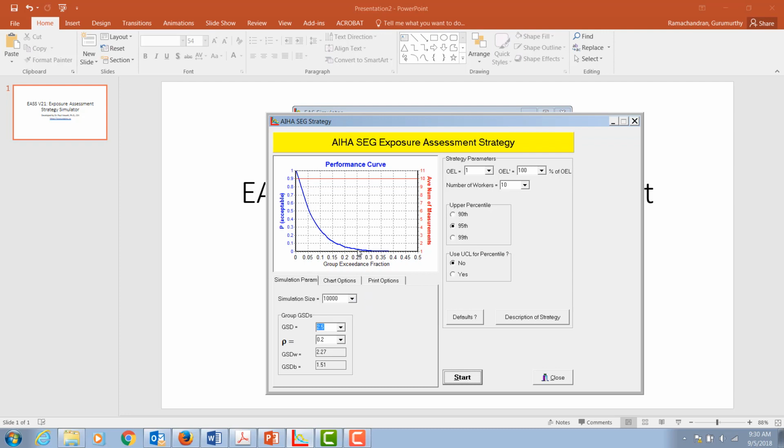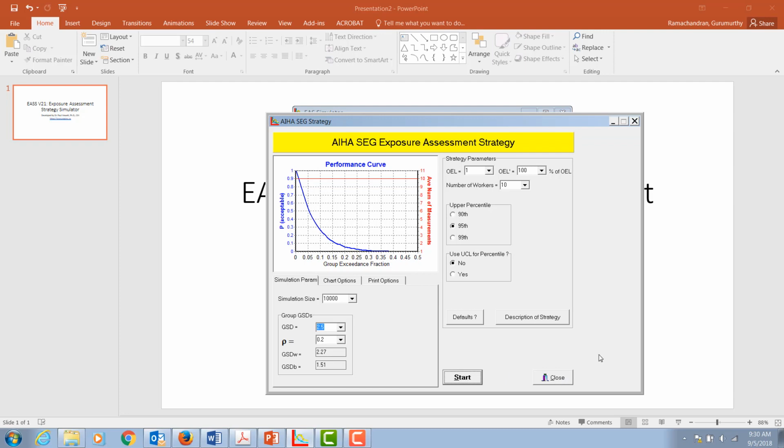It's almost close to zero, maybe 2 or 3%. So there is a 97% power of this strategy with 10 measurements to detect a clearly unacceptable exposure profile.